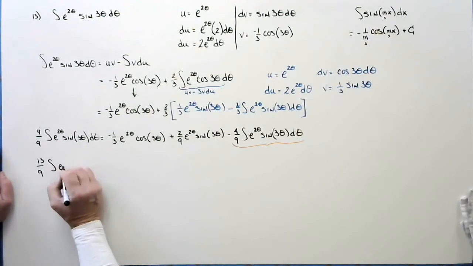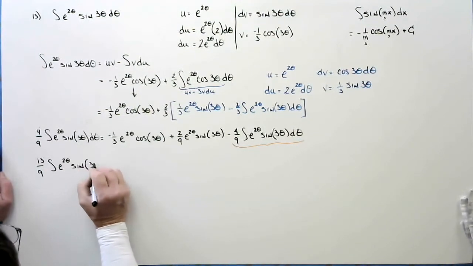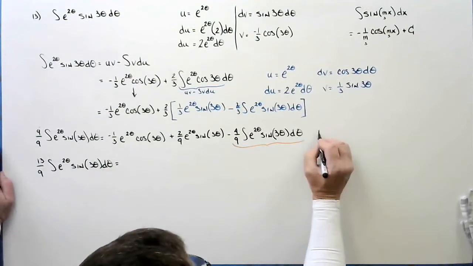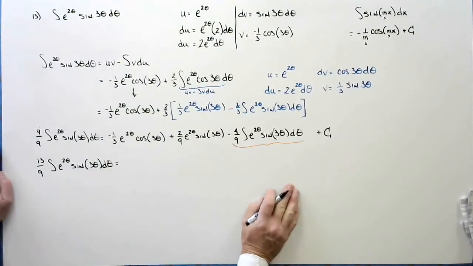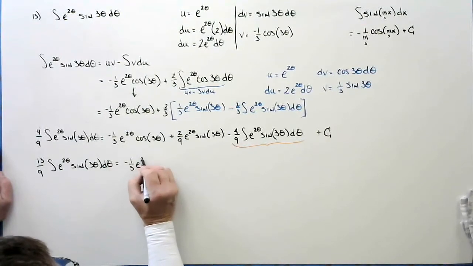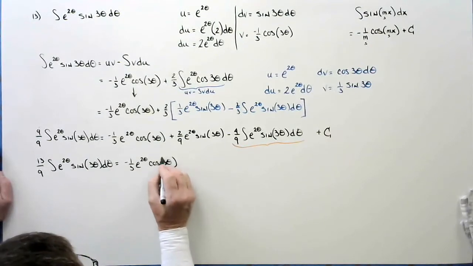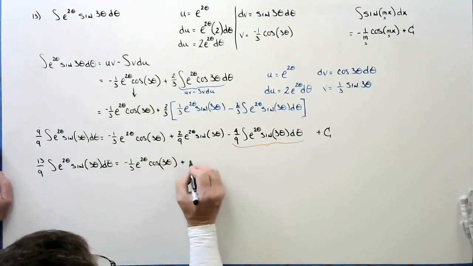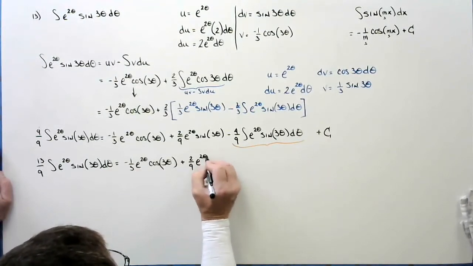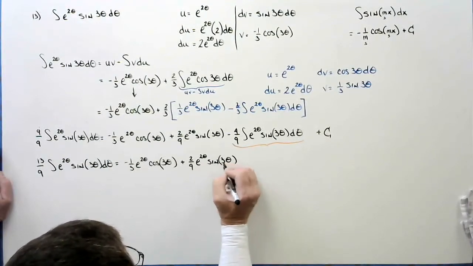The integral of e to the 2 theta sine 3 theta d theta equals, throw our plus c out here, minus 1/3 e to the 2 theta cosine 3 theta plus 2/9 e to the 2 theta sine of 3 theta plus c.